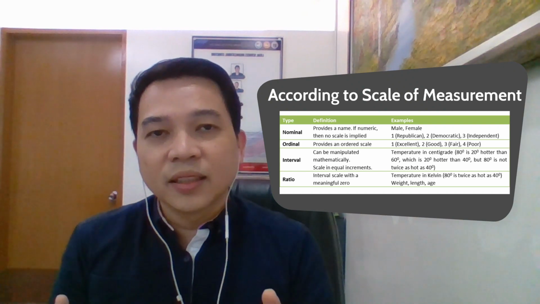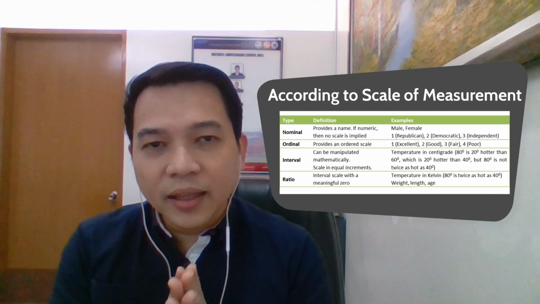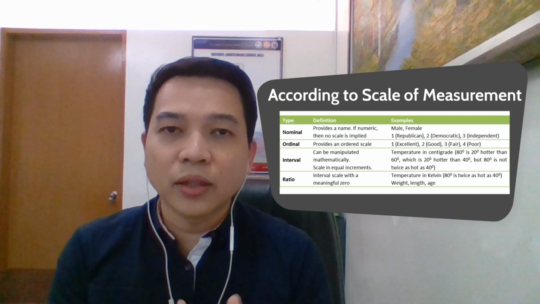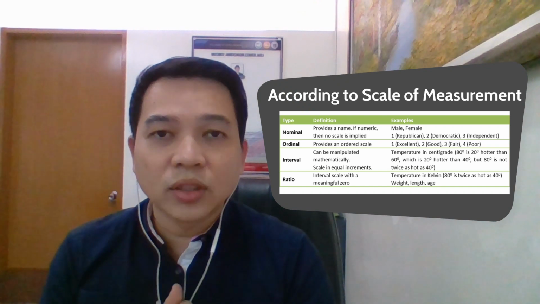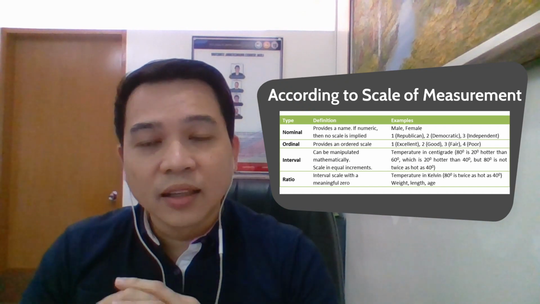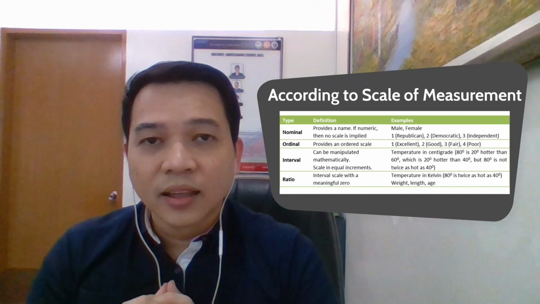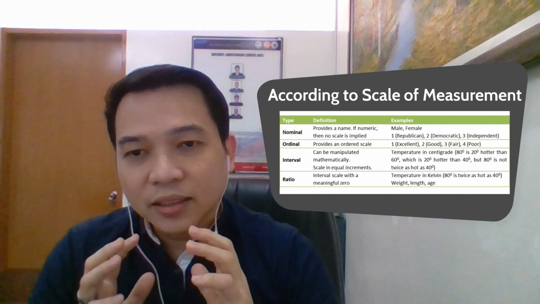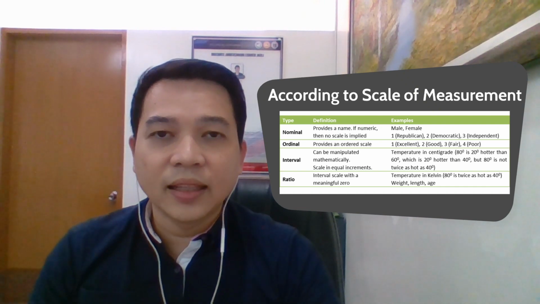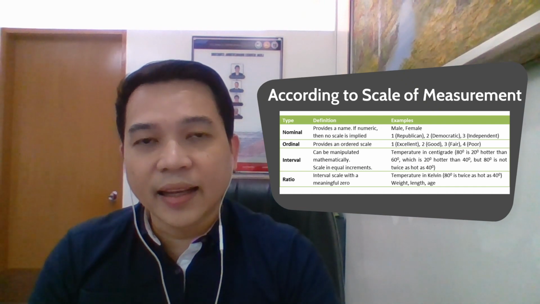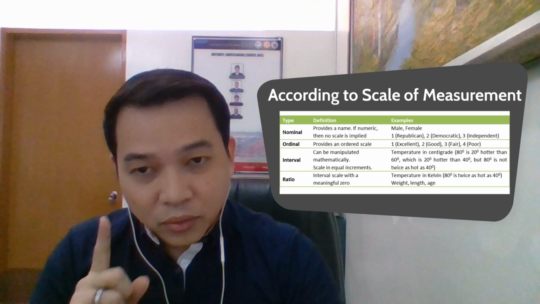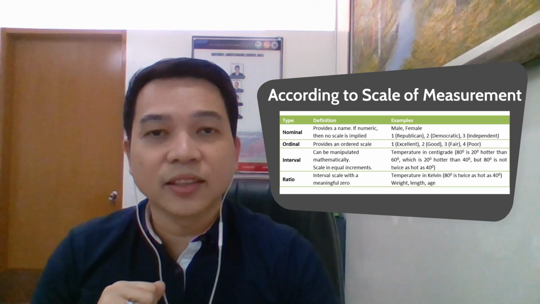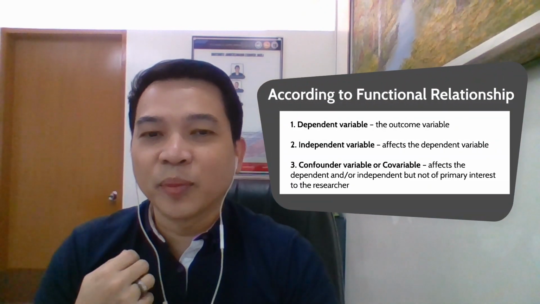You see the distinction? These data types are very important later on in how you analyze and choose the right statistical test to analyze the data. Again, this is vital later on in your testing and in analysis of data. So learn to distinguish the scales of measurement, or simply the type of data.